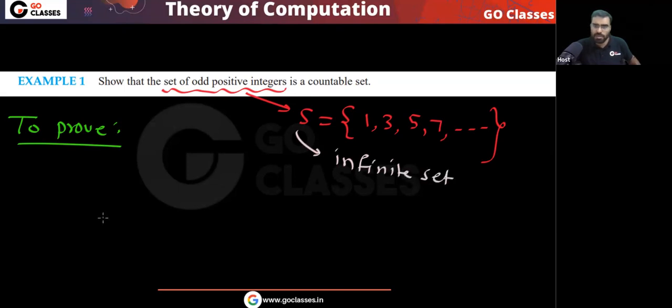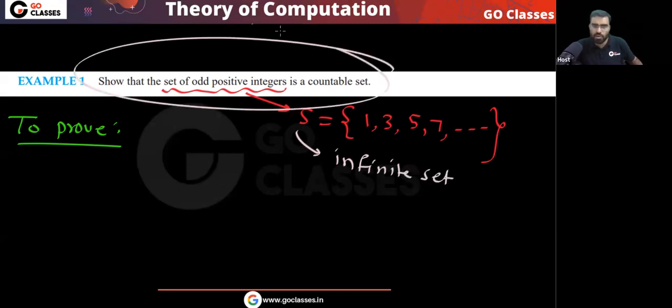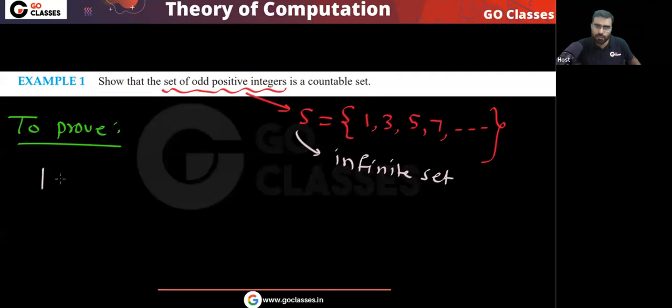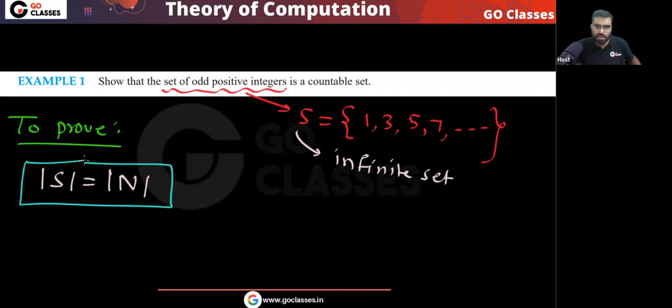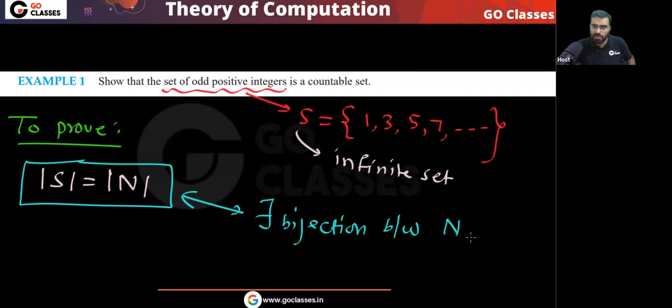So if you want to prove that this is a countable set, all you have to do is prove that the cardinality of S is the same as the cardinality of N. And for that, you just have to give a bijection between the set of natural numbers and the set S. Yes or no? This is what you need to do.